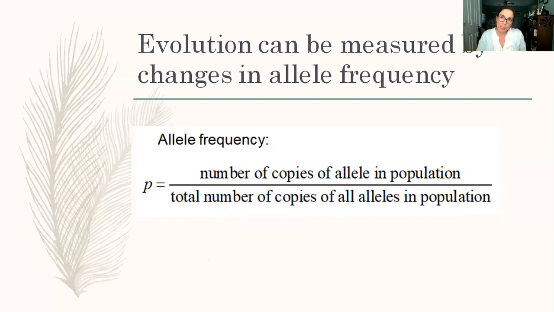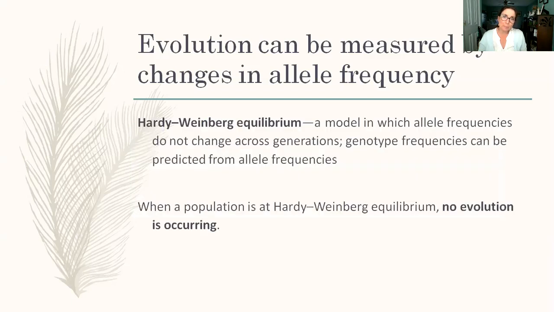And as you put in your answer to one of the questions in your evolution lab, allele frequency can be calculated when you take the number of copies of a specific allele in a population and divide it by the total number of all the alleles within a population. And if that changes in a population over time, then we would say that evolution is happening. So we can say that evolution can be measured by changes in allele frequency.